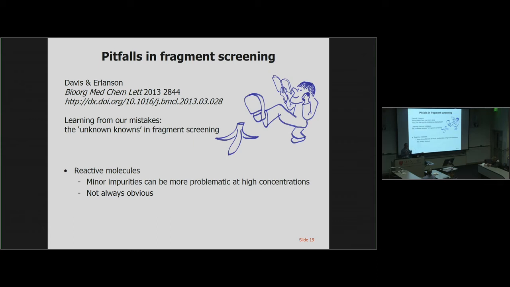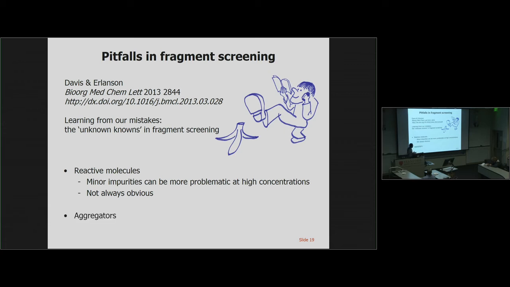But if you're doing a fragment screen at 1 millimolar concentration, a 1% impurity would be present at 10 micromolar, and that could really throw off your assay. So definitely the higher the concentration you go, the worse these problems can be.